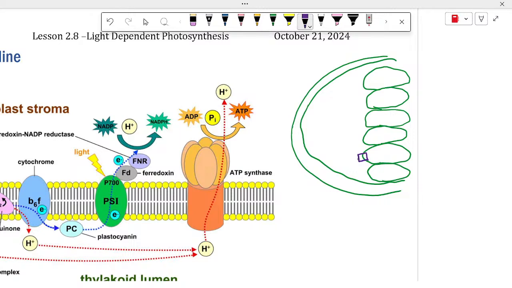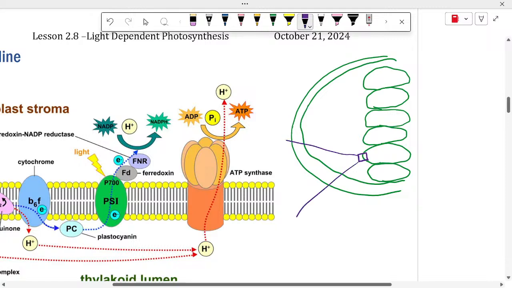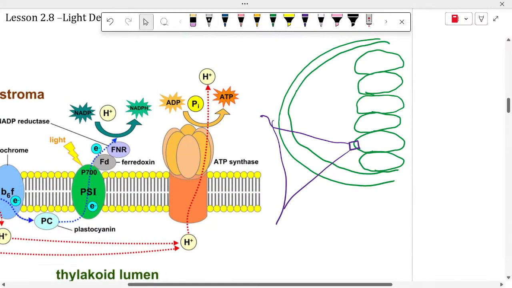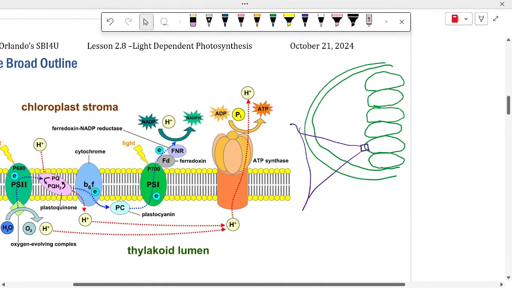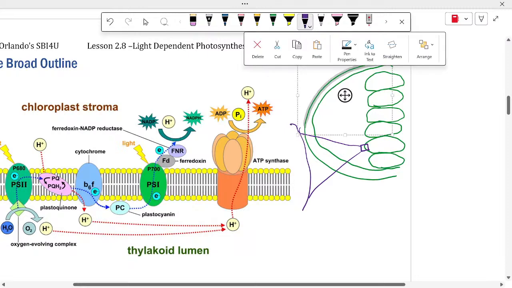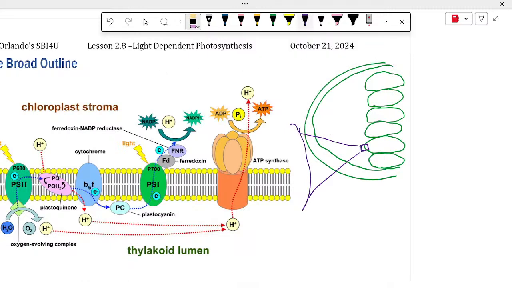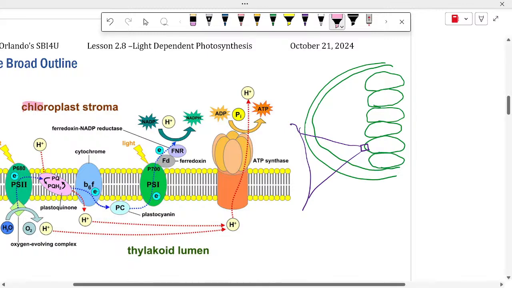All right, so that would be like here is this, and boom, we're going to blow it up, and this is what we're looking at. That make sense? So all this is in that little thin layer. Yeah, that's right. It's embedded in the membrane. And so we have the stroma. Is the stroma the section out here or the section in there? Which one of those is the stroma? That's right.